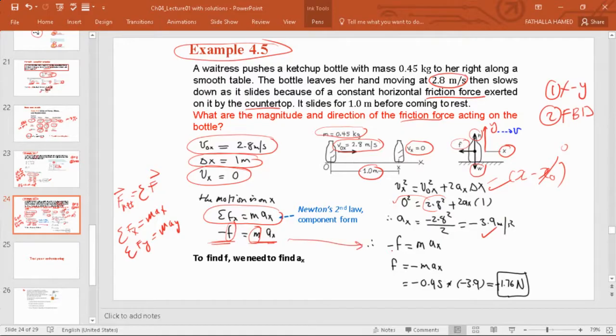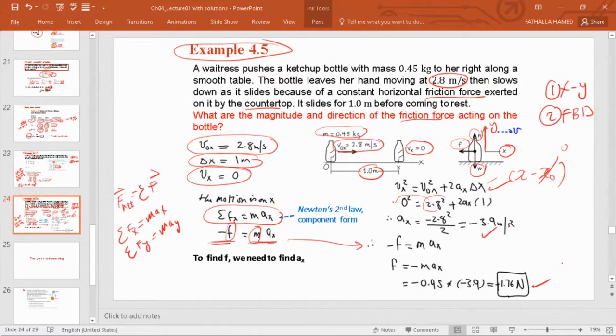Now this equation here tells you that minus f is equal to max. Your f now, I can multiply the minus out, so f will equal minus max. So it is minus 0.45, and the ax is equal to minus 3.9, and that will give you 1.76 newtons.